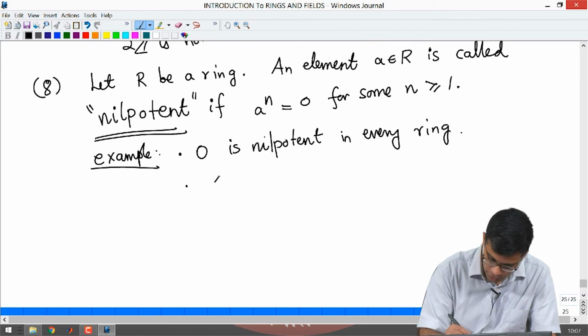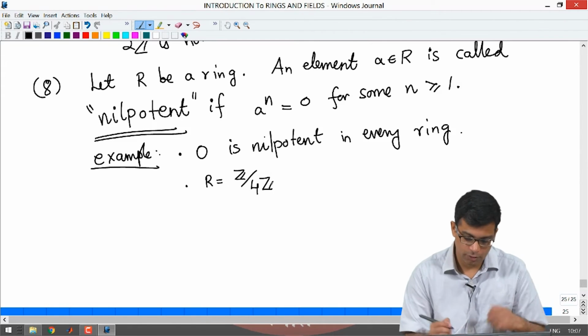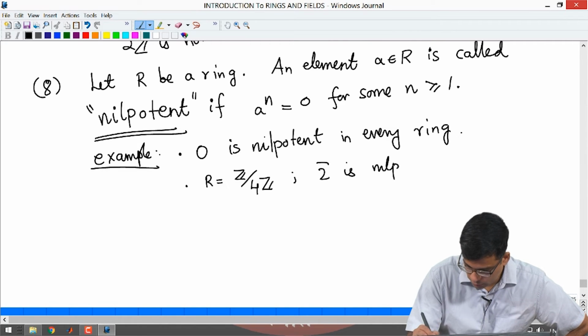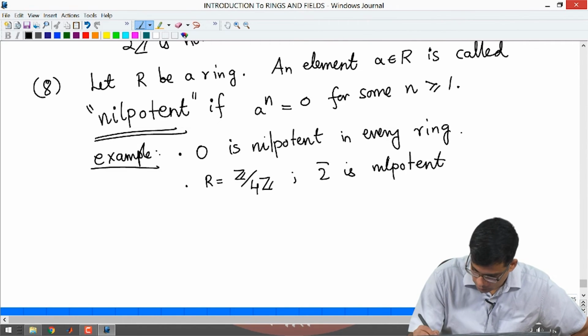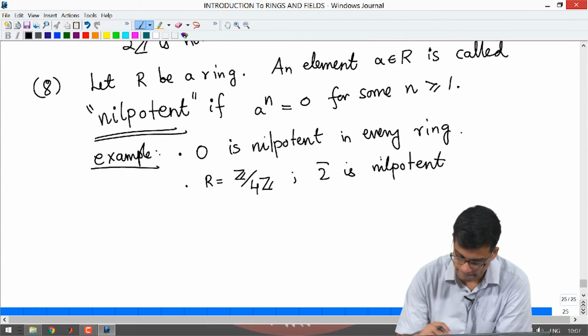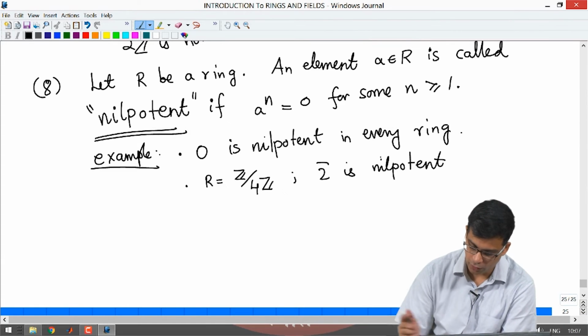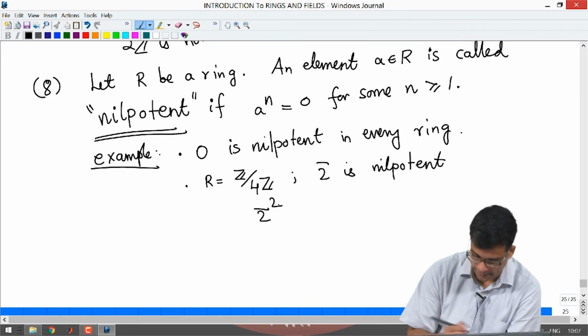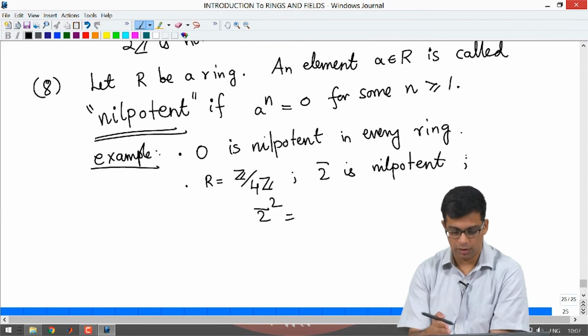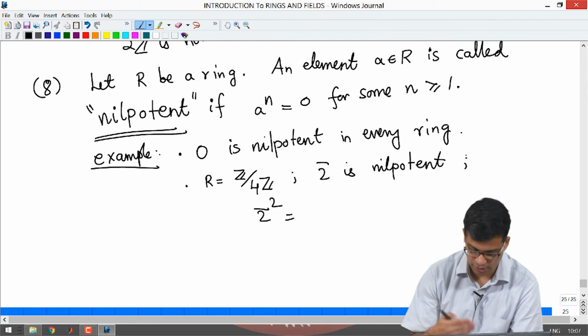Let us take R to be, let us say, Z mod 4Z. Here 2 bar is nilpotent. Why is 2 bar nilpotent? 2 bar is of course not 0. So this example shows that there are nilpotent elements that are not 0.